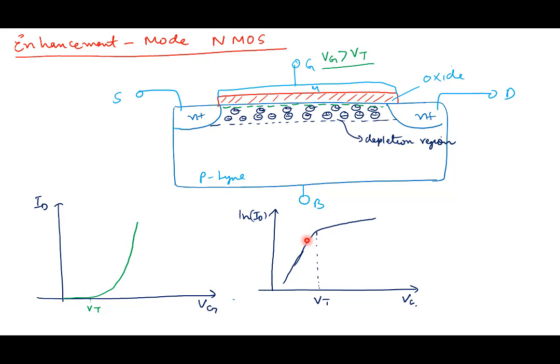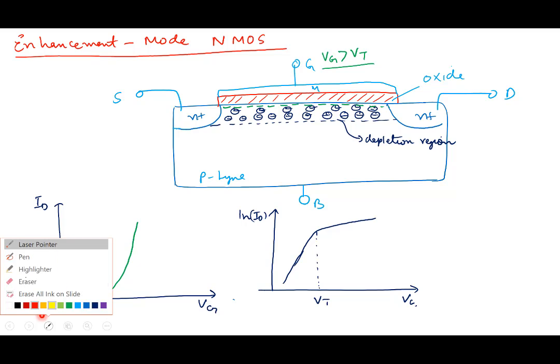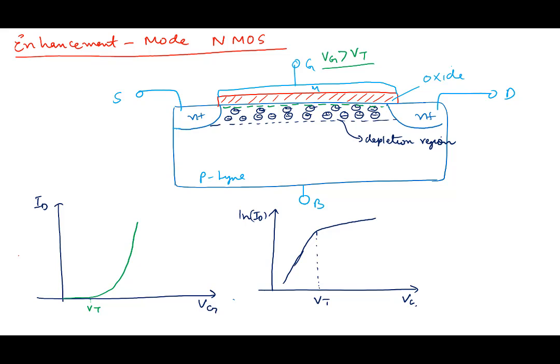Below VT there is current, but it drops sharply, exponentially with gate voltage, and becomes fairly small as you go to lower and lower gate voltages. So we have a very important concept of threshold voltage. Beyond threshold voltage, the channel can be considered strong, and the current flowing through the MOSFET is significant. All right, so that's what we had done till the last lecture.